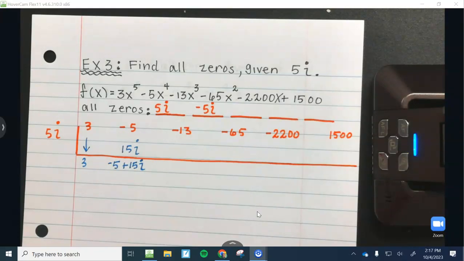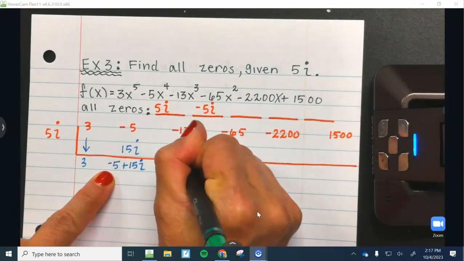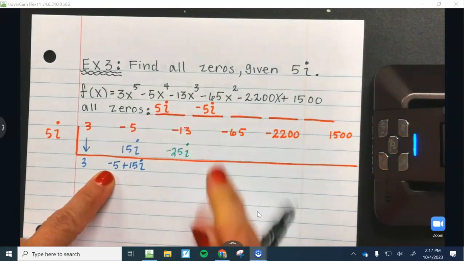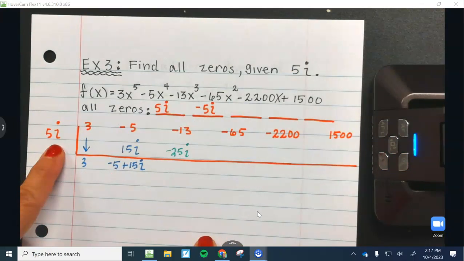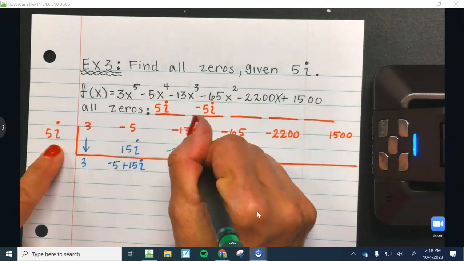Okay, let's keep going. 5i times negative 5 is negative 25i. 5i times 15i is 75i squared, but what does that turn into? Negative 75. Good.